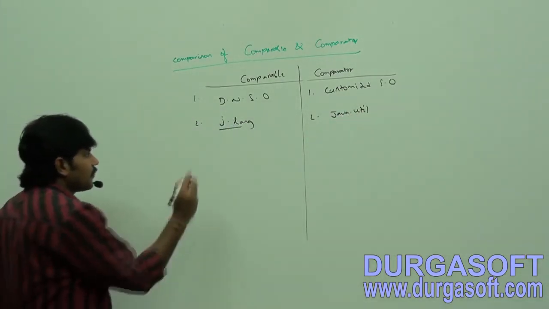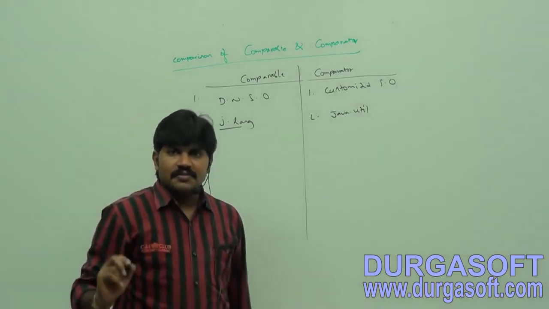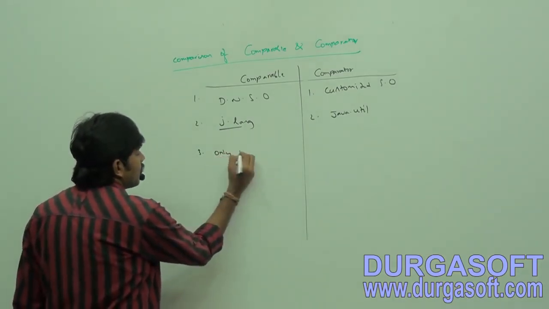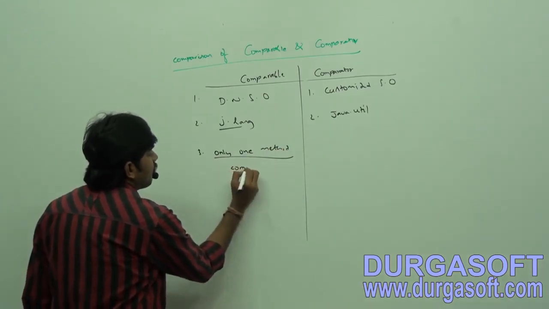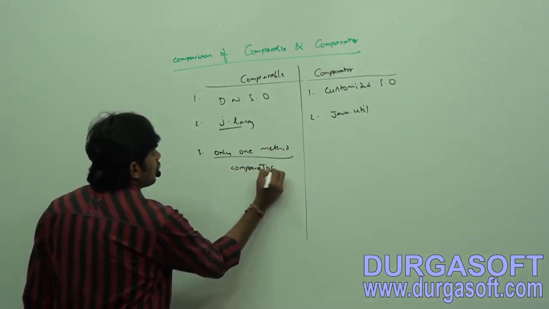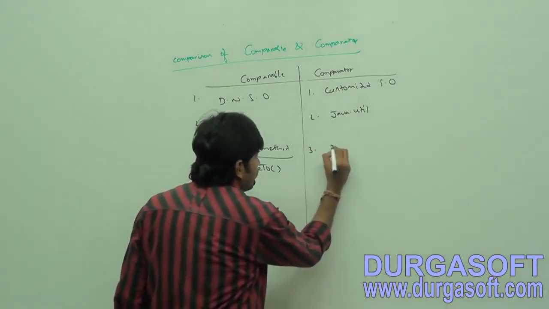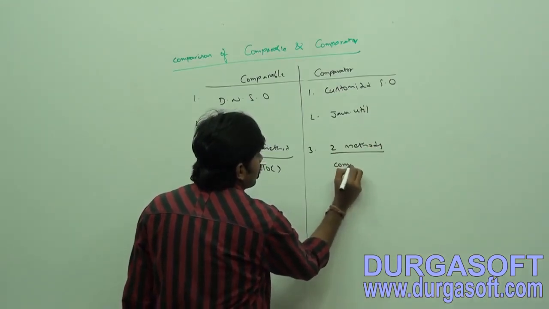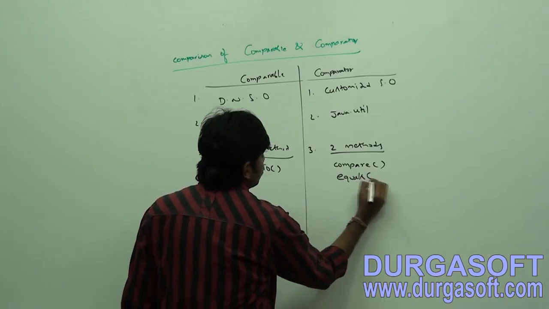Next, comparable interface contains how many methods? Only one method. What is that method? compareTo method. Whereas comparator defines how many methods? Two methods. Which two methods? compare method and equals method.